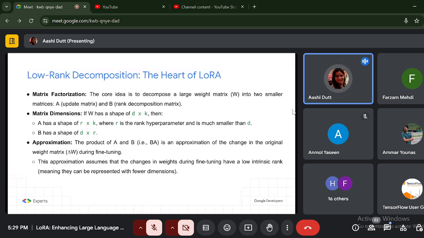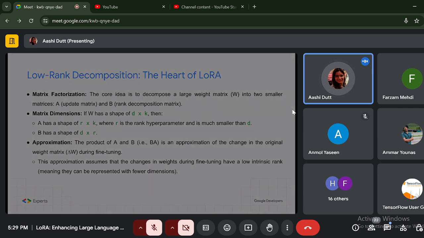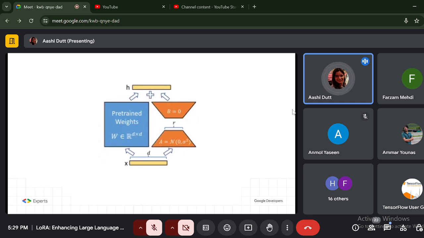We're approximating the change. We're not completely showing that this whole weight matrix is changing this much. We're approximating the change in that original weight matrix during fine tuning, right? And this approximation assumes that change in weight during fine tuning has low intrinsic rank. And why is it important? We'll tell you soon.